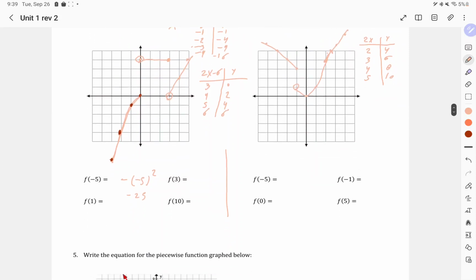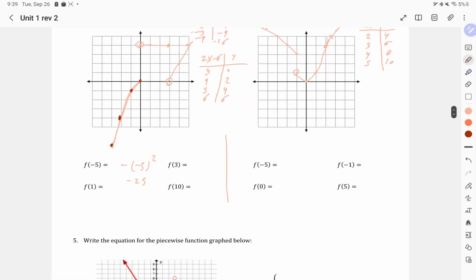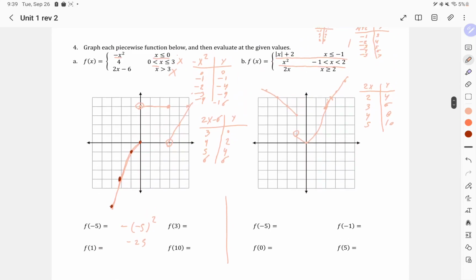Oh my god, low power mode, here I come. Let's turn this up. All right, f of 1. You got f of 1. Now you're plugging this in. Where are you plugging it in? It's 1, literally 1. My recommendation would be to just plug it into this one because it's 0, 1, 2, 3, right?